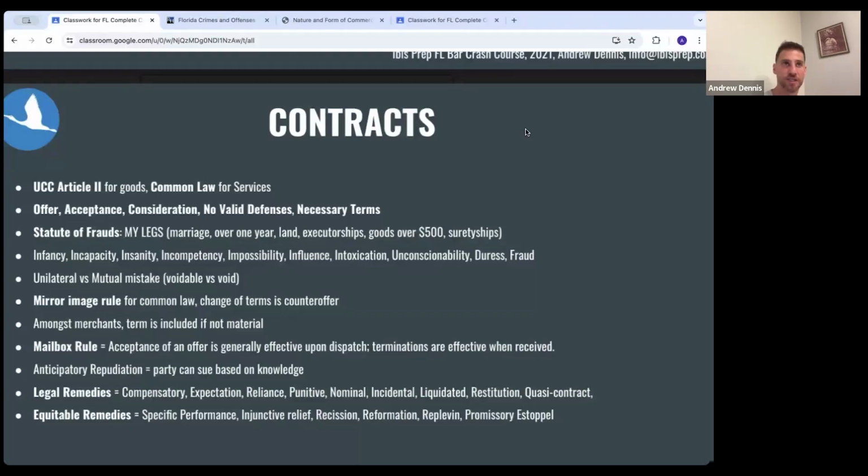Look for a liquidated damages clause, which means that the parties have agreed to damages ahead of time because they'd be too speculative in light of a breach. What are the different types of legal remedies? They could be punitive or compensatory. Punitive are very rare in contract law. Compensatory would be expectation damages, to put the non-breaching party in the position they'd be in if the contract had been performed.